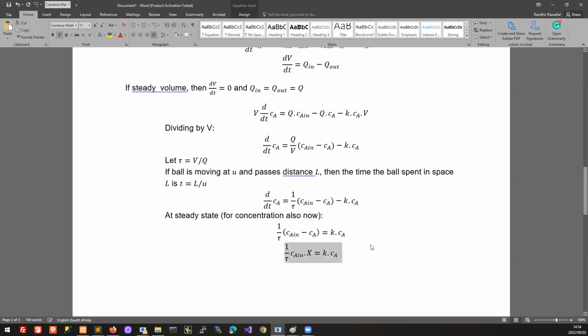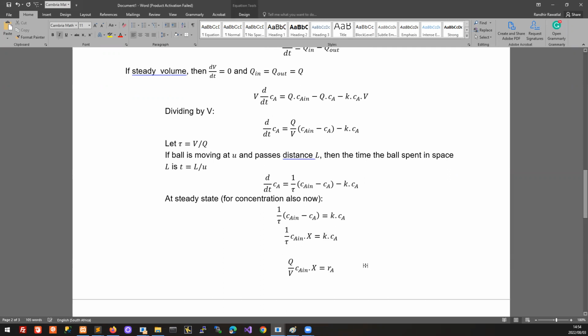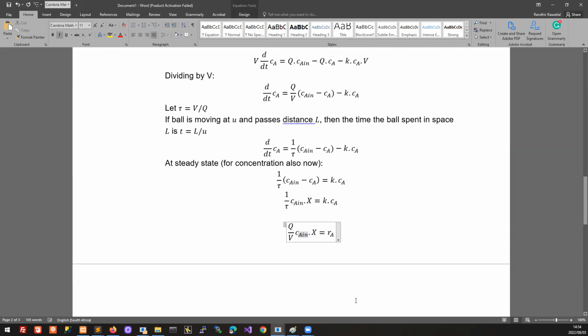This is the design equation of the CSTR. I actually want to write this a little bit differently. Let's come back to this. Let's leave this as Q over V, and leave this as r_A. Instead, let's go back to the general case. We've got r_A, and let's multiply by V on both sides.